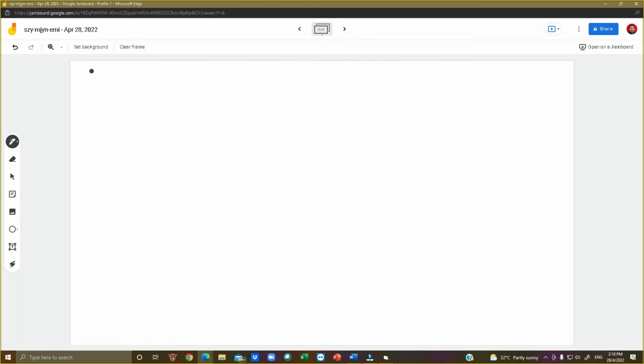Next one is about equation of constant acceleration. Okay, so we have three. You have three equations to be remembered. This is the first one. V2 equals to V1 plus AT.